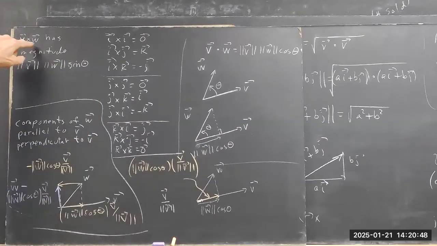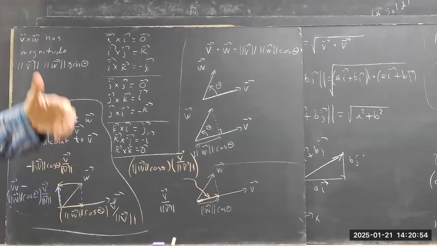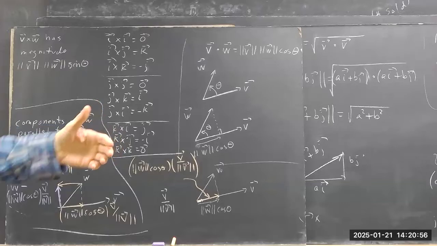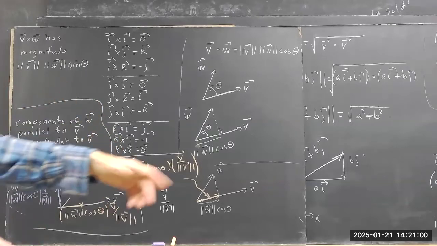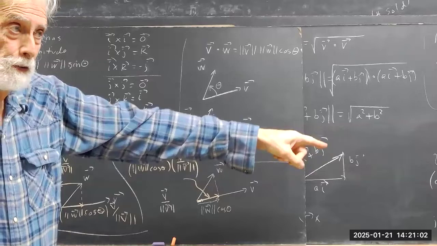The cross product of two vectors, any two vectors, V and W, like A1I plus B1J plus C1K, cross product with A2I plus B2J plus C2K, like the vectors I've got over there.